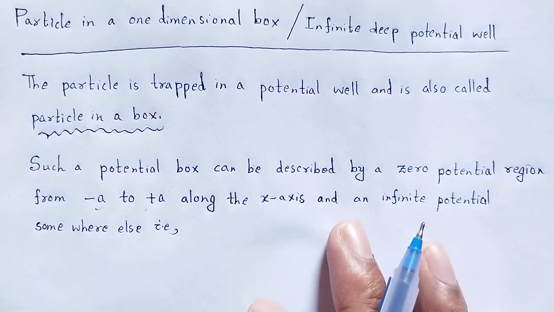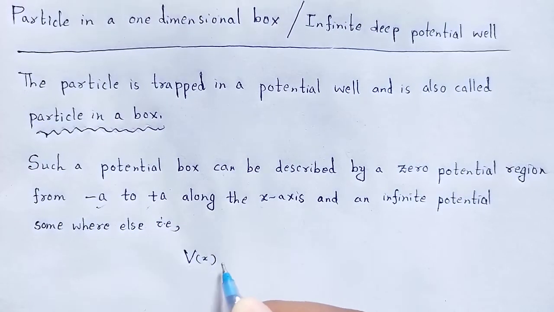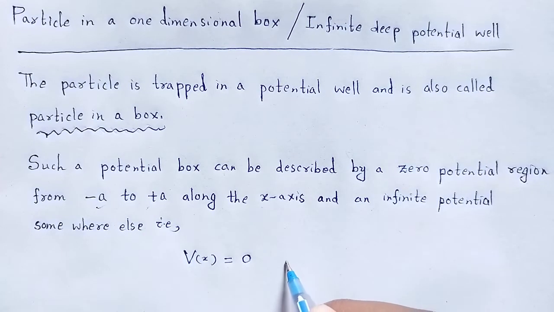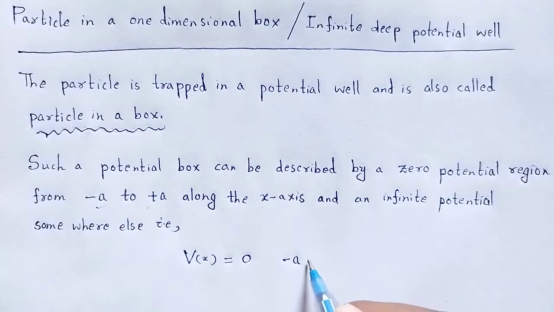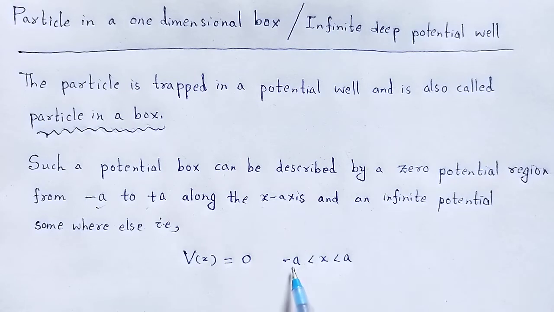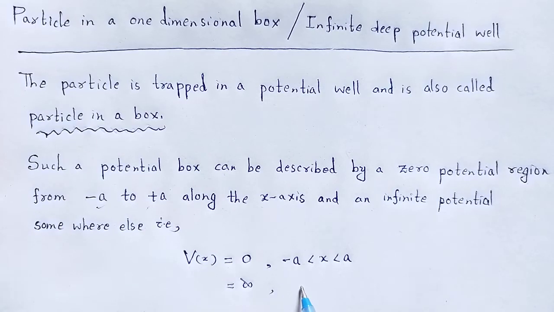That is the potential function: the value of potential is 0 in the region from minus A to plus A, and the potential will be infinity where the magnitude of x is greater than A, meaning outside of the box.